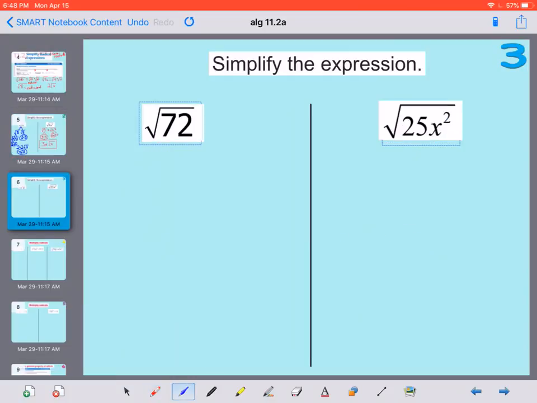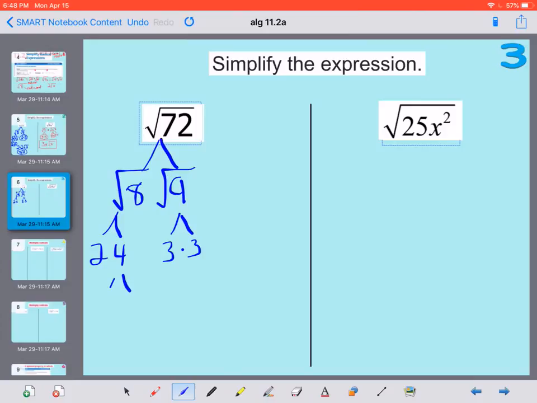72. Well, again, that is not a perfect square. I do know that I can split up 72 into 8 and 9. So I'm going to do the square root of 8, the square root of 9. I know that the square root of 9 is 3 times 3. So I found one of the factors. Then again, I can split up 8 into 2 and 4.